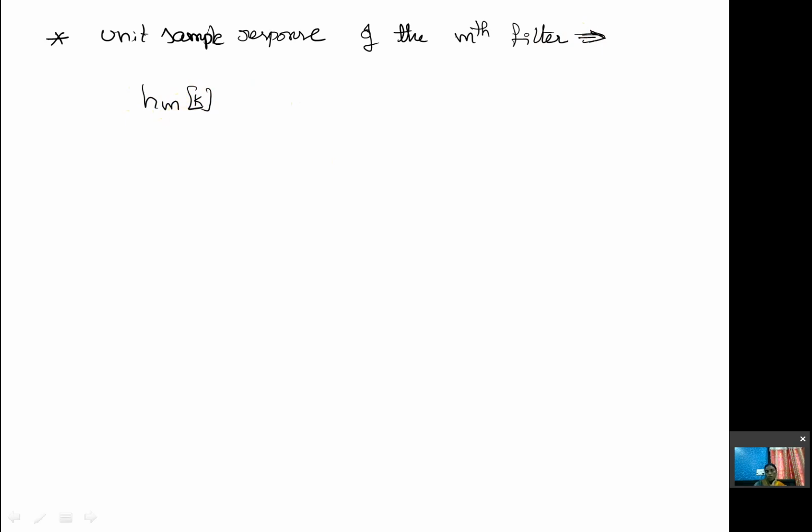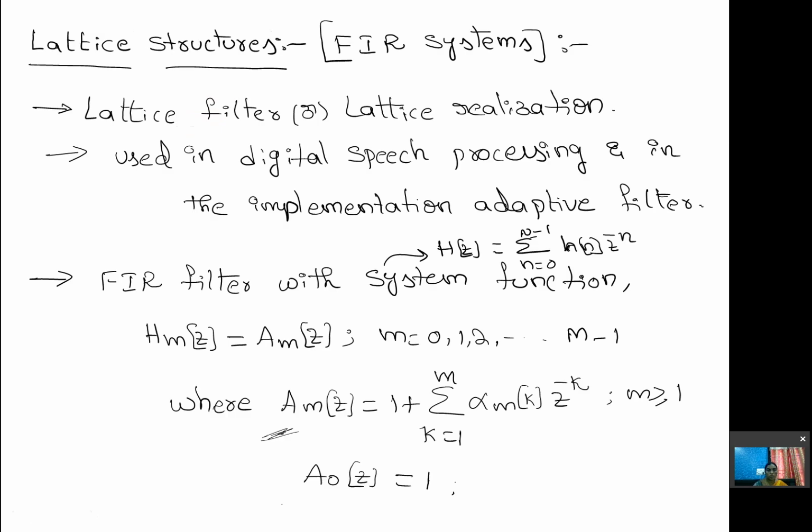So if I take a second order filter, consider h2 of z like that. Now hm of k is the mth order filter. Observe here, what is hm of z? That is the mth order filter system function. What is the system impulse response? hm of k.